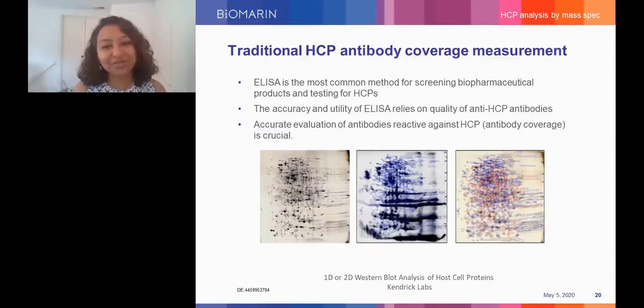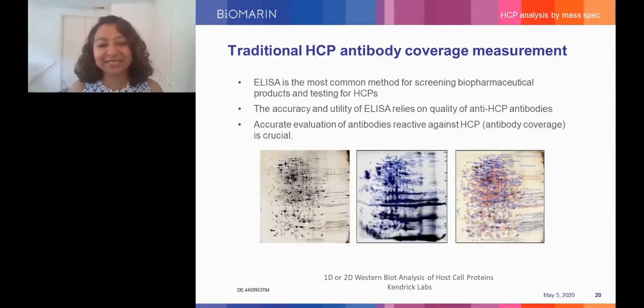To measure the coverage of these antibodies, you need to compare the total amount of protein in the harvest to the proteins in the harvest that are recognized by the anti-HCP antibodies. Essentially, the former is assessed through the 2D gel, which is on the left, and the latter is assessed through the 2D Western, which is in the middle.